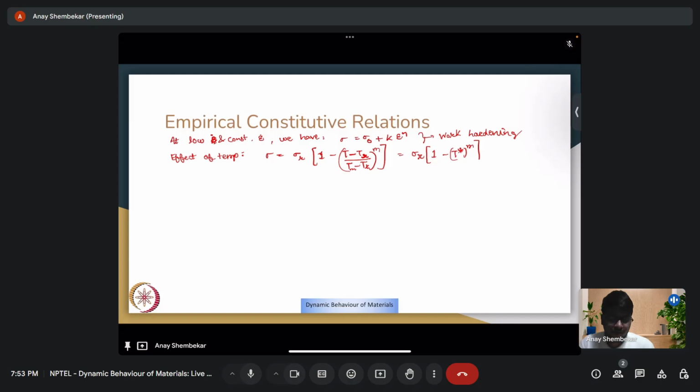So sigma r refers to a reference stress, Tm refers to the melting point, Tr refers to the reference temperature.